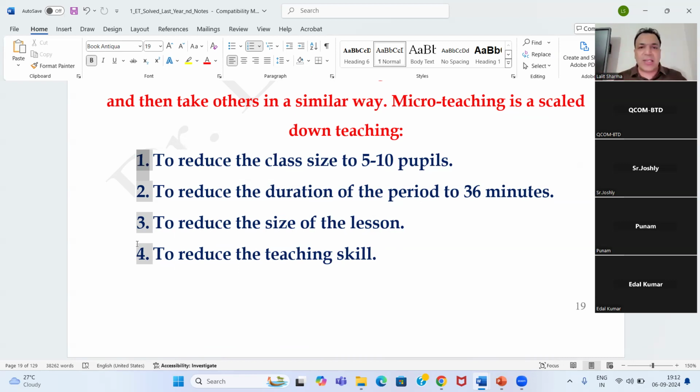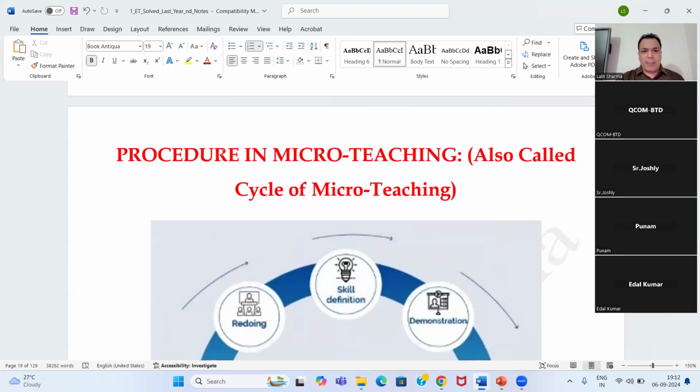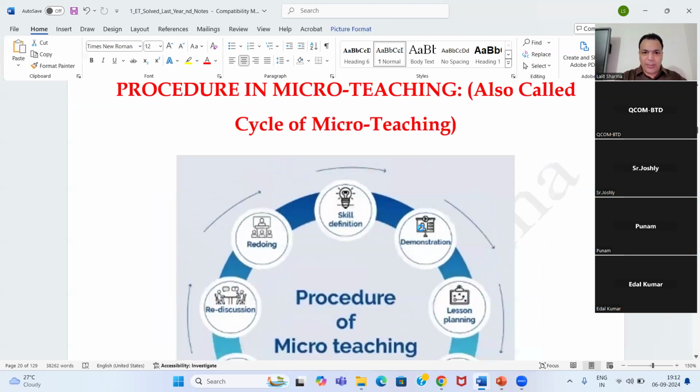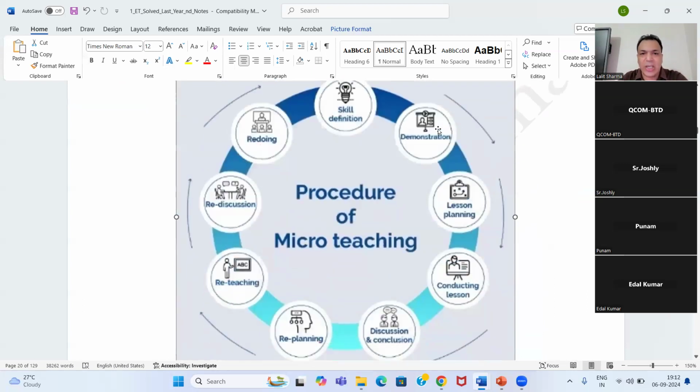Now we understand the procedure of micro teaching skill, which is the most important. Procedure in a micro teaching skill is also called the cycle of micro teaching. Look, what is happening: first, skill definition, demonstration by the teacher, lesson planning, conducting lesson, discussion and conclusion, then again replanning, reteaching, rediscussion.